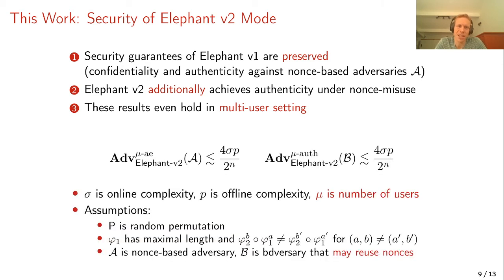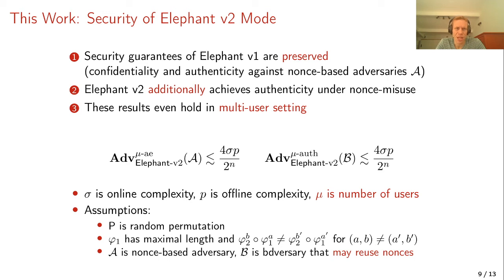More technically, these are the results we prove. So we again prove AE security against nonce-respecting adversaries under the same assumptions as before, up to 4 times sigma times p over 2 to the n. So roughly the same bound, we simplified it for the sake of the presentation. But now we have multi-user security where the attacker can attack multiple, mu, instances of the scheme.